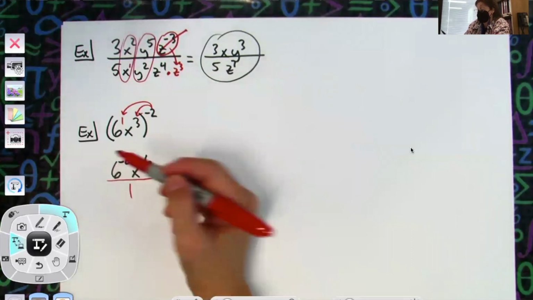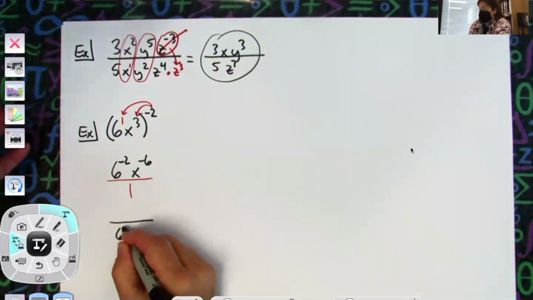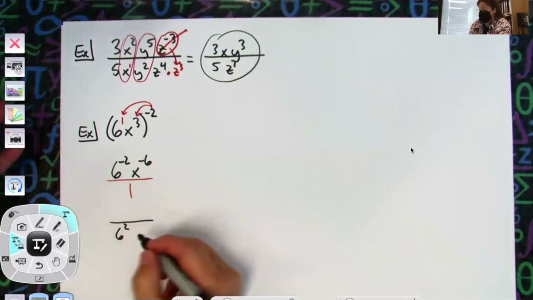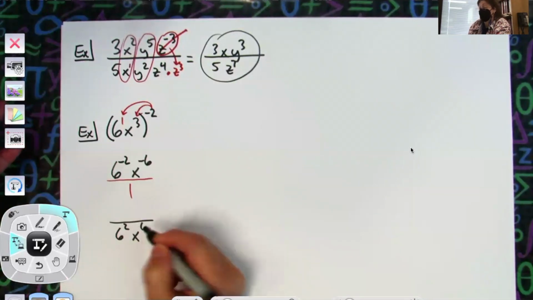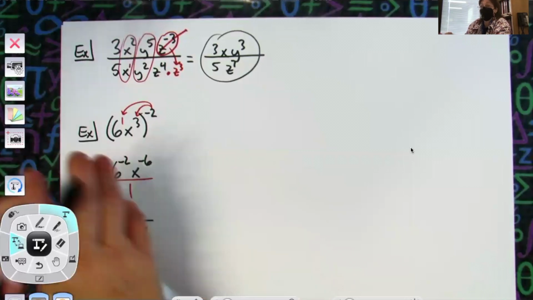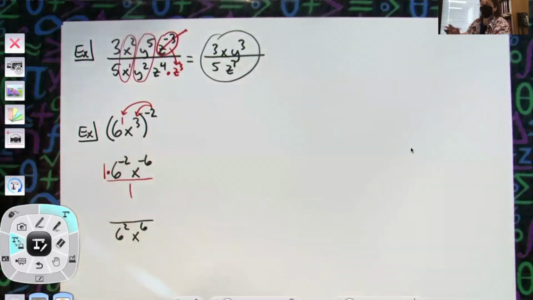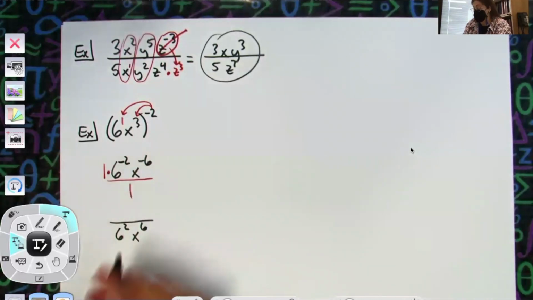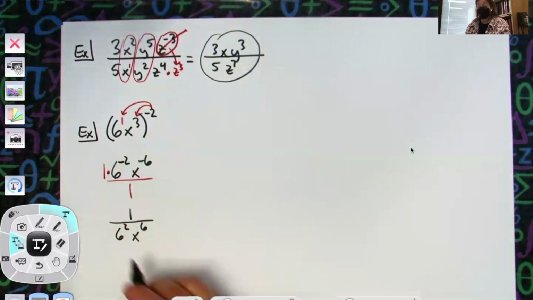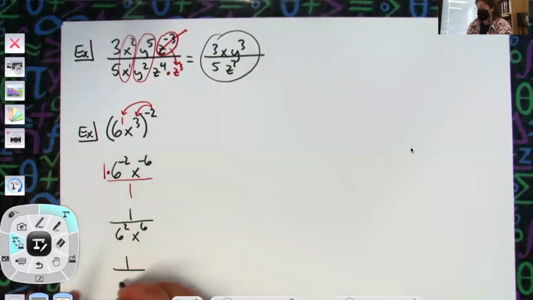Now, when I move them to the bottom, that means I'll have a 6 to the 2nd power, because I make that exponent positive, I'll have an x to the 6th. What's left in the numerator? Yeah, 1, right? Because technically there's an imaginary 1 that's sitting right there. I can multiply anything by 1. It doesn't change anything. So I've got that. And then can I go ahead and multiply this out and get 36? 36x to the 6th.